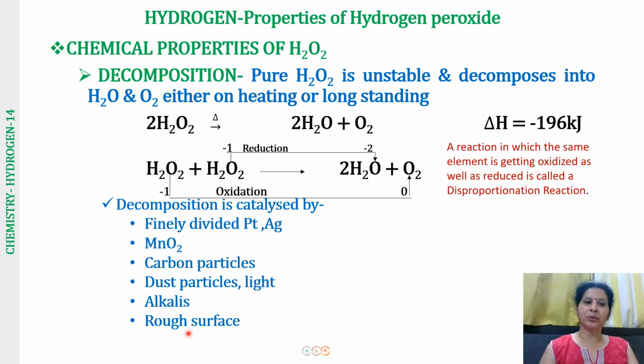Now, one thing more which you have to remember is that in the NCERT textbook, I'll just read out the line to you, it is given that it should be kept away from dust because dust can induce the explosive decomposition of the compound, right? So we have to keep it away from dust.